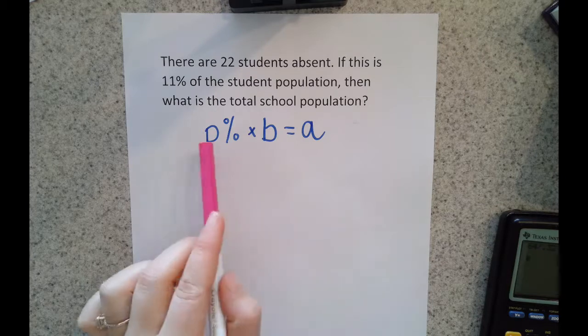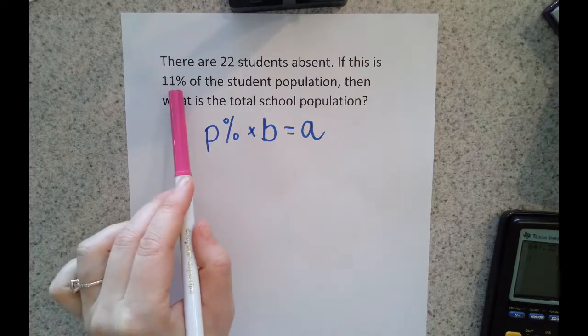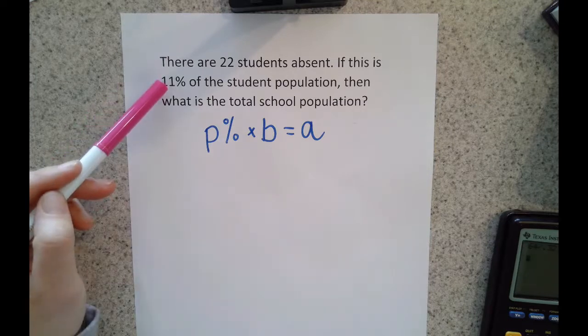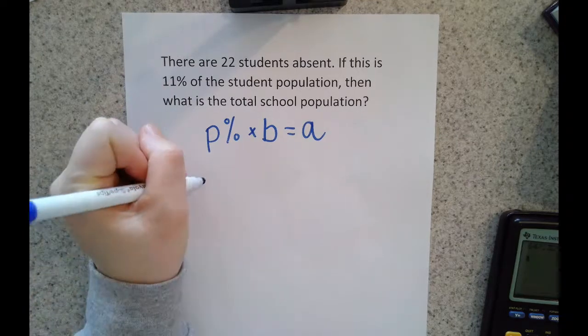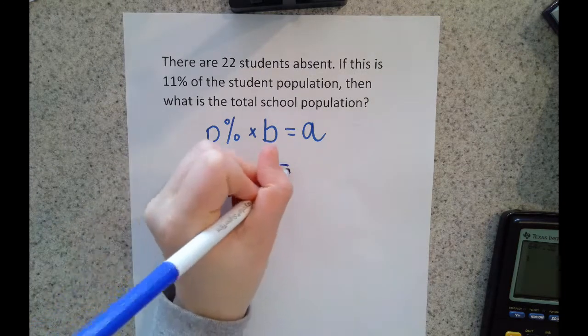Now, first I want to fill in a number for percent. Clearly, since 11 has a percent sign by it, I can plug in 11 for P. Remember though, before you plug in 11%, you have to change this to a decimal number. 11% as a decimal number is 0.11. Okay.